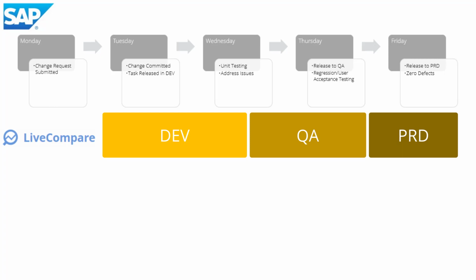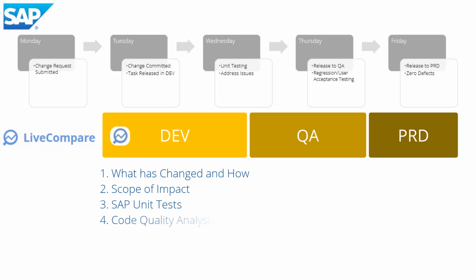Upon successful test execution, the change is then released to production. In this scenario, LiveCompare is executed twice. The first run is initiated automatically when the task is committed or released into development. There are 4 good reasons for this initial run. It lists what has changed and how, identifies the scope of impact to production, automatically runs the SAP framework unit tests, and highlights any quality issues.